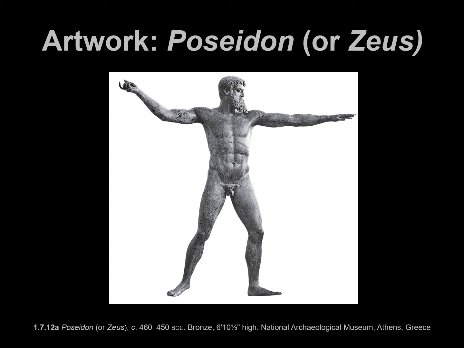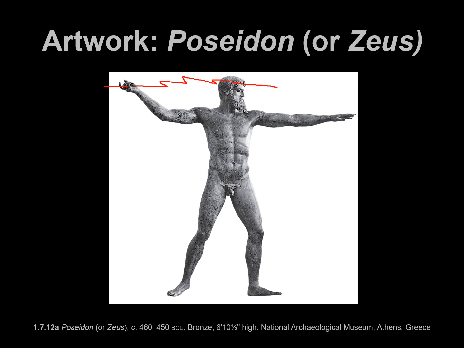Or if it had been a lightning bolt in his hand, then it would have been Zeus. But probably that object was made out of gold, and at some point somebody said, I'd rather have the gold than that statue. And so they took it and melted it down and sold it. So we don't know, because we don't know what he's holding, whether that's Poseidon or Zeus.